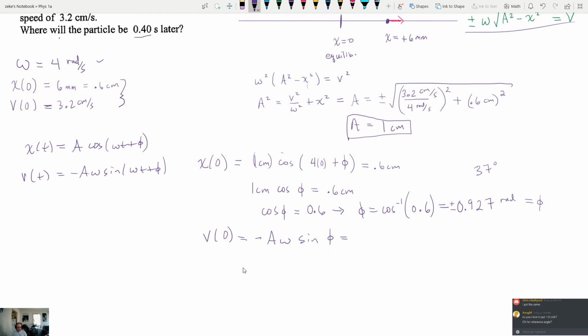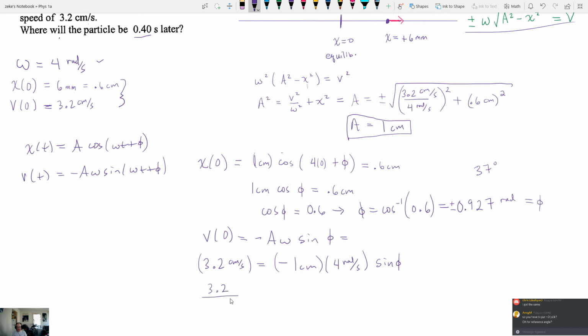And we know what this is. So v of 0 was 3.2 centimeters per second. This is equal to negative A, which we calculated to be 1 cm, times omega, which was 4, times sine phi.